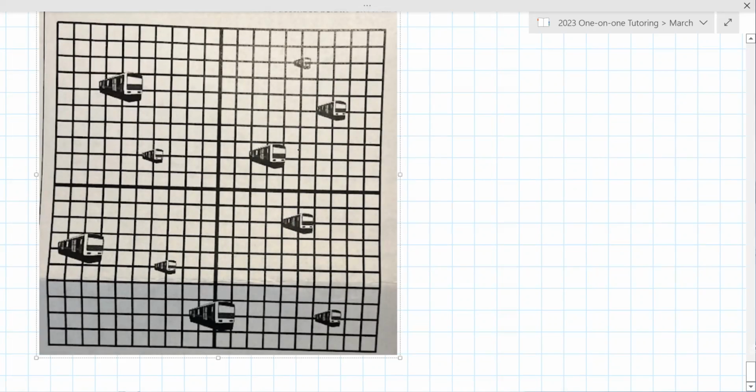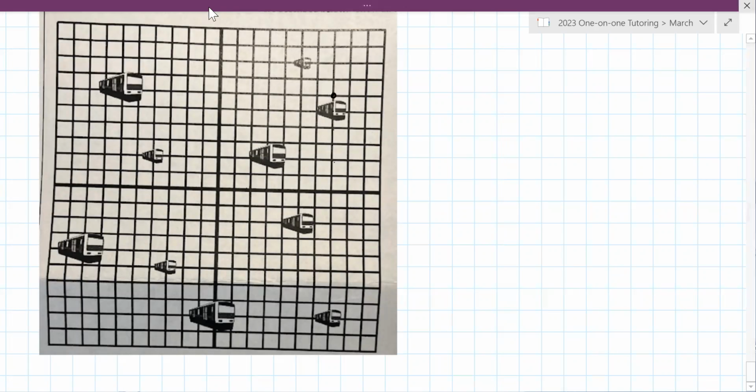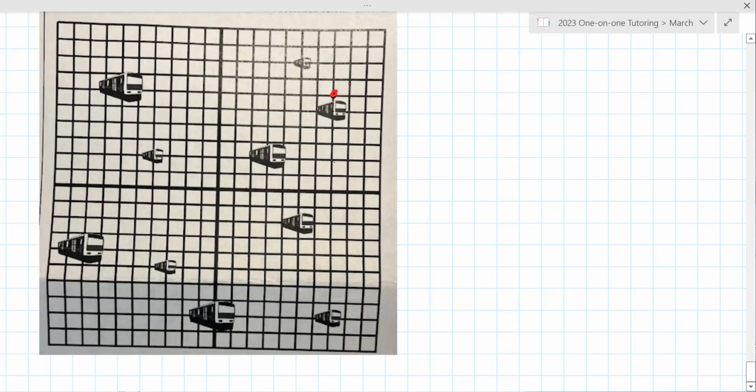So the center is at, what did it say there? 7, 7, radius 3. 1, 2, 3, 4, 5, 6, 7. So it looks like it's right there, radius 3. 1, 2, 3, 4, 5, 6, right there.